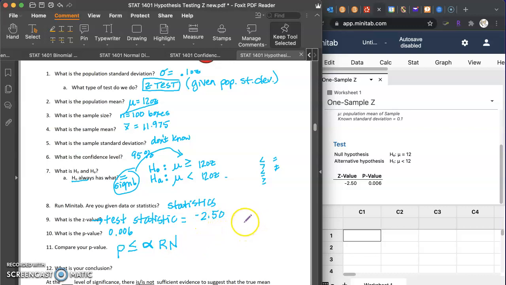And let me show you something there. When your confidence level is 95%, that's 5% left to make 100%. So that's called your 0.05 significance level.